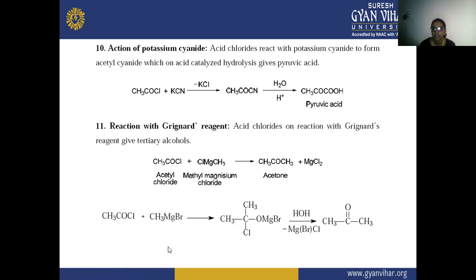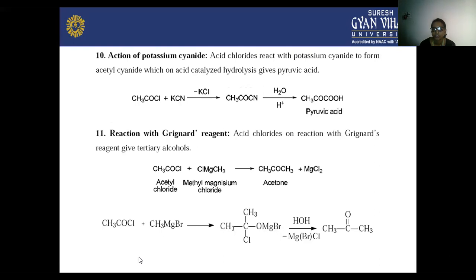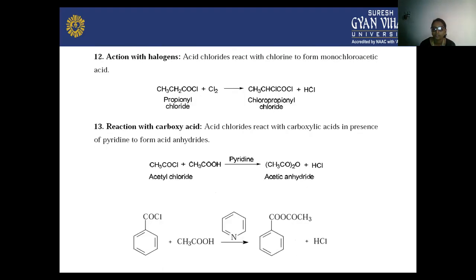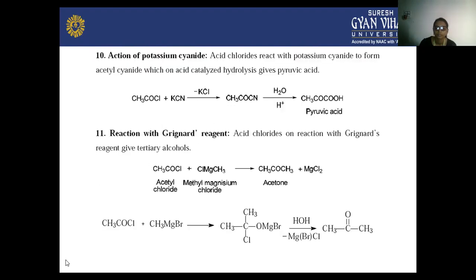After that, there is a hydrolysis occurring here, and on hydrolysis, this magnesium BrCl is removed from here, and there is a formation of CH3COCH3, that is your acetone.